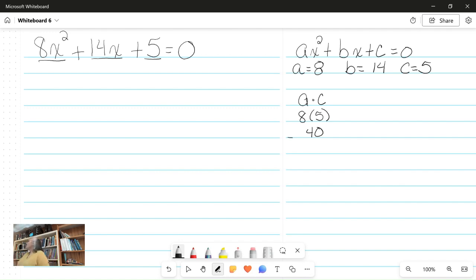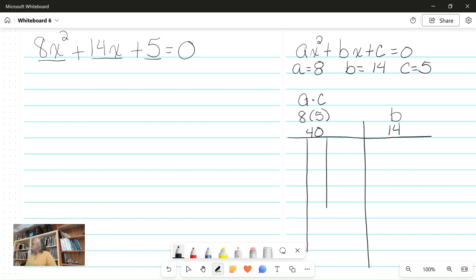Now I need to find the factors of 40 that will give me my B, which in this case is 14. I'm going to make 3 columns. The middle one's going to be kind of small because I need to add all of those factors together. So let's factor 40.